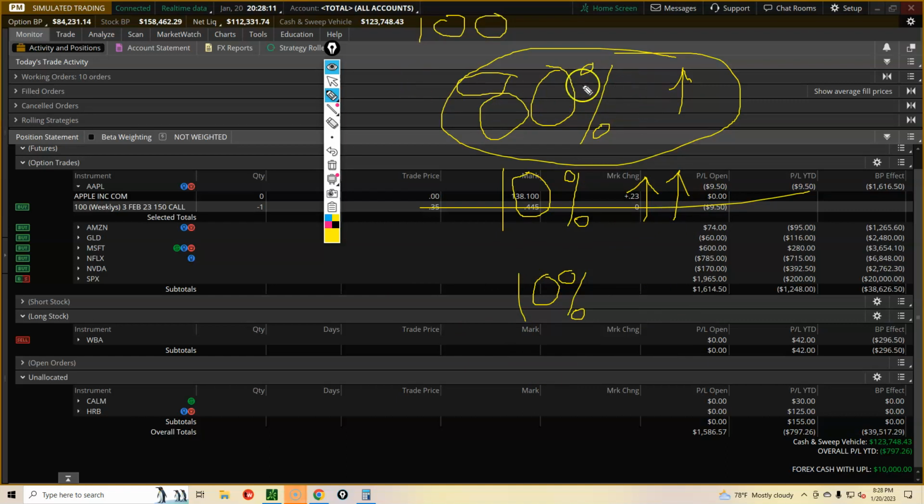So for me, I like this sort of strategy. I like to have 80% of my portfolio doing stuff like this. It's not get rich quick, but over time it's definitely get rich.